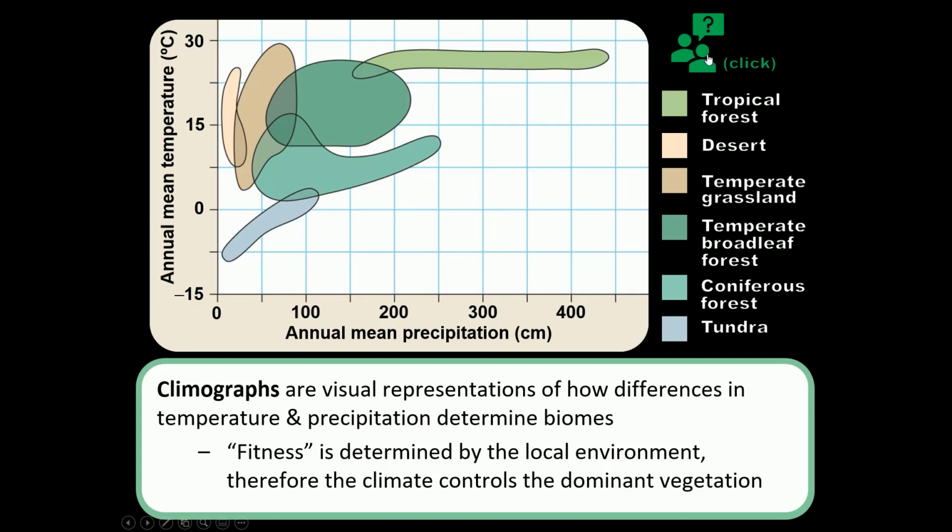It's not a coincidence that when you have hot, dry conditions, cacti are the dominant form of vegetation. If you were to plant every kind of plant that exists in a desert, only the cacti would be the ones that survive because they are the best competitors in that environment.